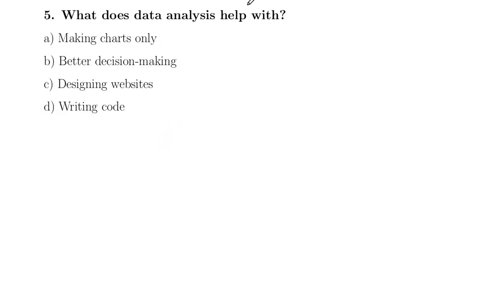Question number 5: what does data analysis help with? Making charts only, better decision making, designing websites, and writing code. The correct option is better decision making. The purpose of data analysis is to make better decisions.